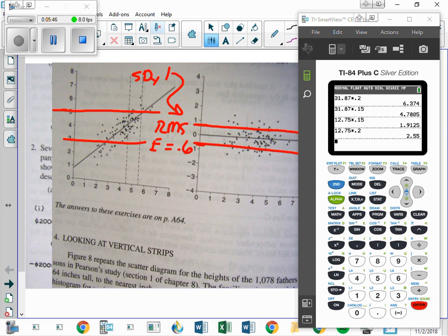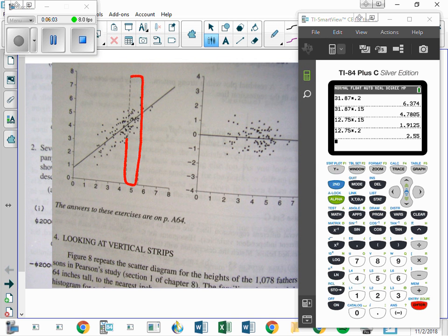Right? C. Take the points in the scatter diagram whose x coordinates are between 4.5 and 5.5. Is the SD of their y coordinates about 0.6, 1, or 2? So we're only going to focus on this column. So here's the average. Okay.